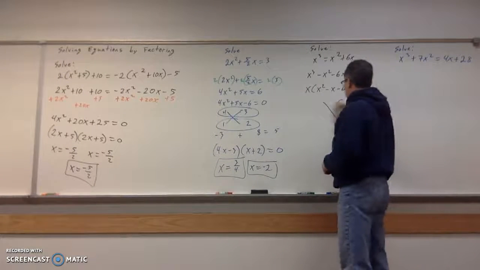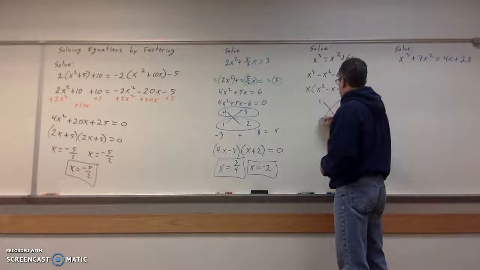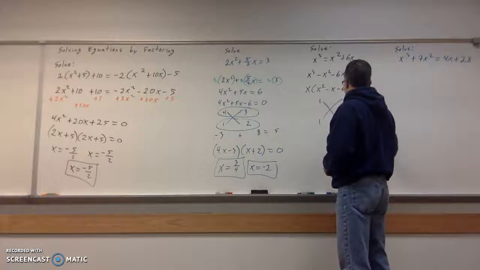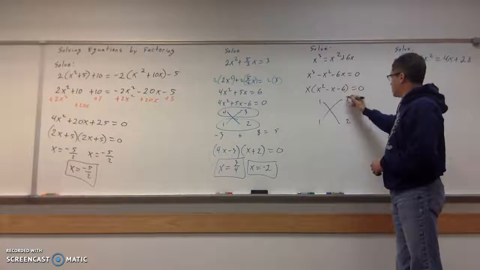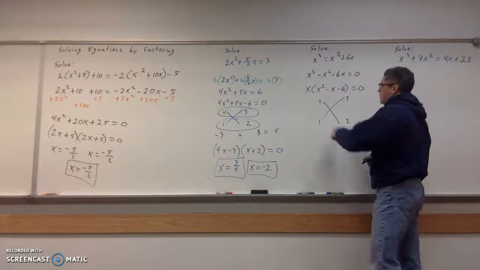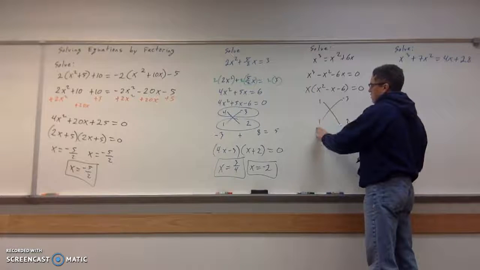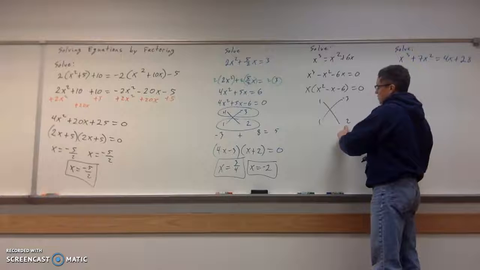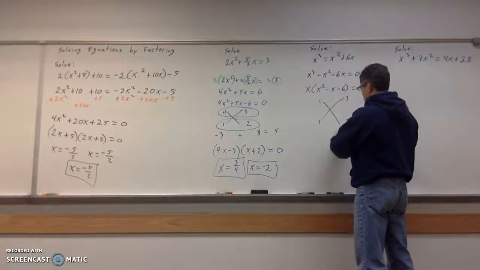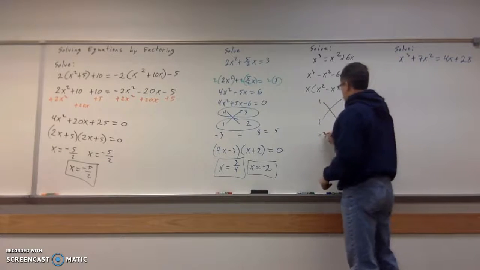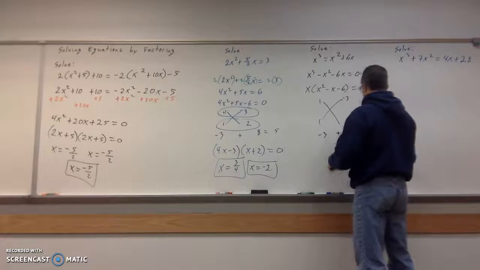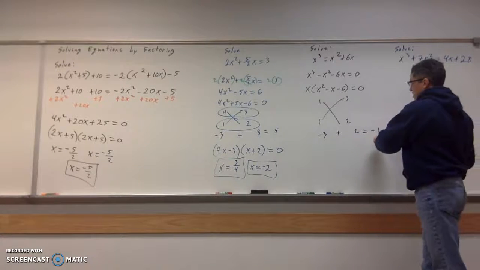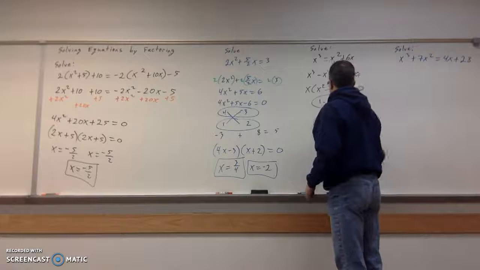If you like that whole x fast factoring thing, do that if you want with this. Factors of x squared, just 1 there and 1 there. Factors of negative 6, I'll go negative 3 and positive 2. 1 times 2 is 2, 1 times negative 3 is negative 3. Negative 3 plus 2 is a negative 1, so there are my factors.